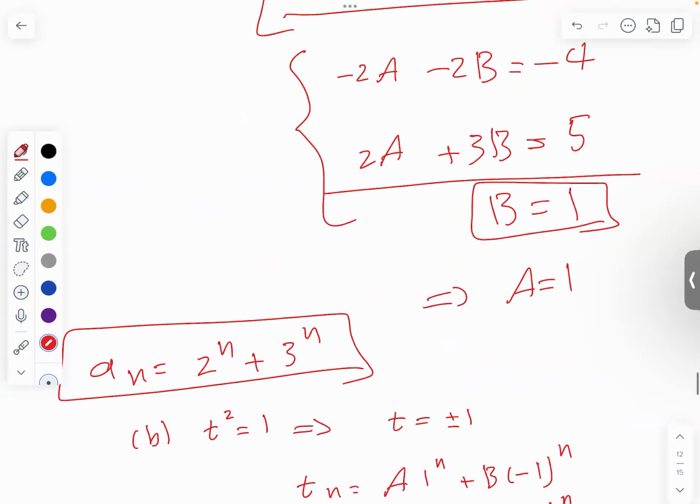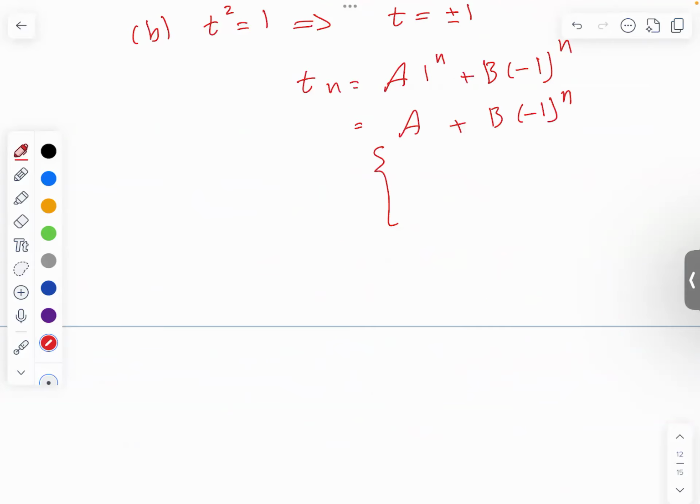T0 is 1, T1 is minus 1. This one is A plus B times minus 1 power 0, which is A plus B, equal to 1.